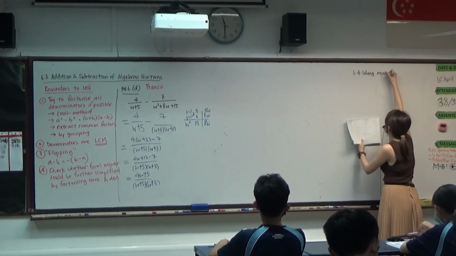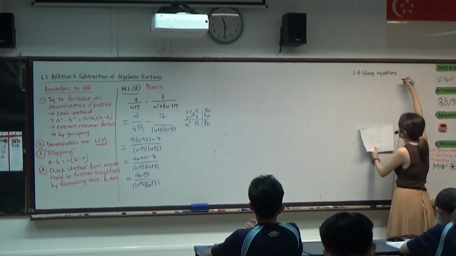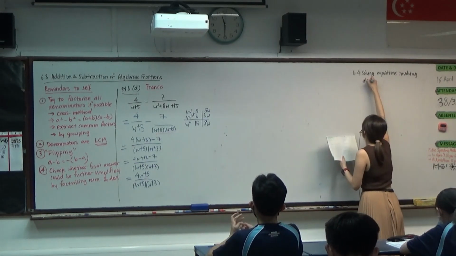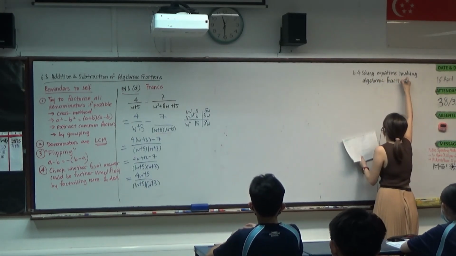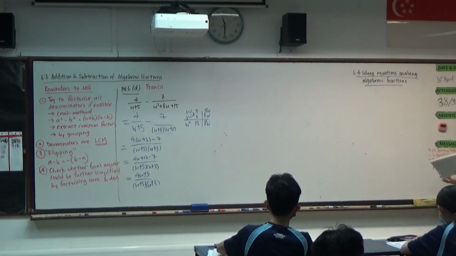We're looking at solving equations instead. So earlier on is all expressions. Now we're solving equations involving algebraic fractions. And this is not new to us because we have solved equations involving algebraic fractions before.